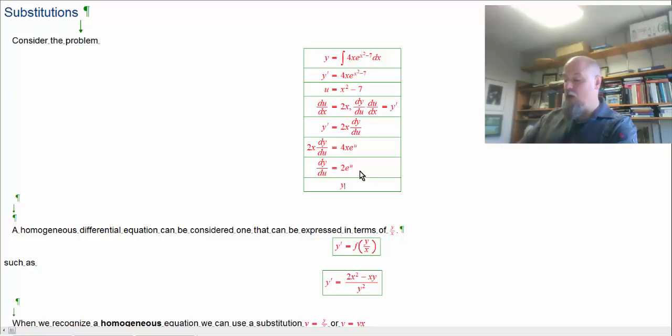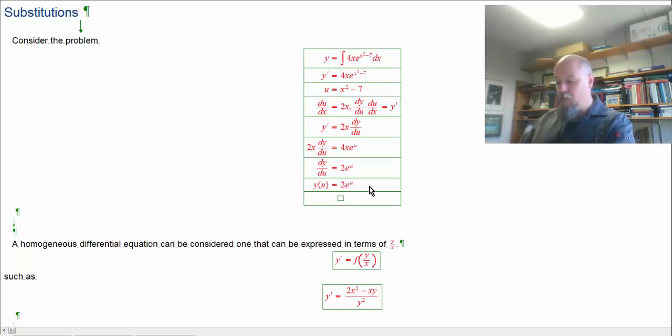That must mean that y as a function of u is equal to 2 e to the u. And of course now the differential equation part is solved. There are no more primes, but I should put everything back into x's.